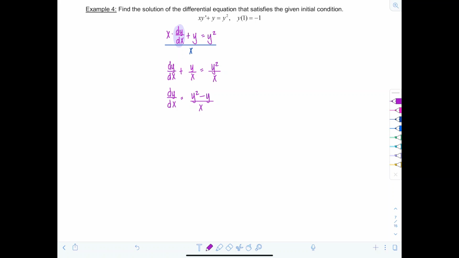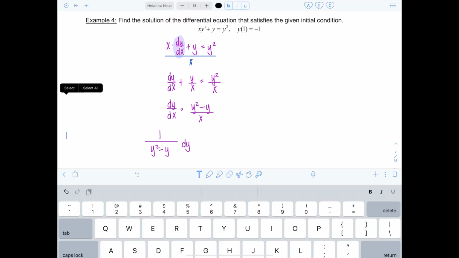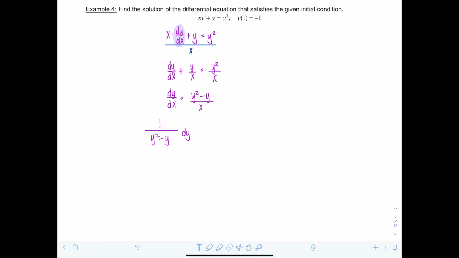Okay, can you see how this is separable now? Good. So I'm going to have 1 over y squared minus y dy equals, here we go, 1 over x dx. And now we can integrate.